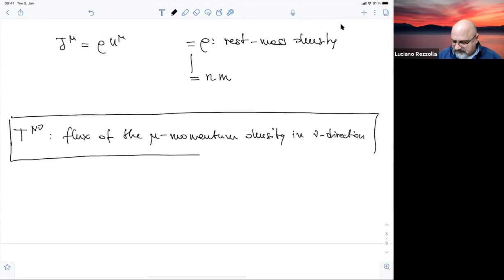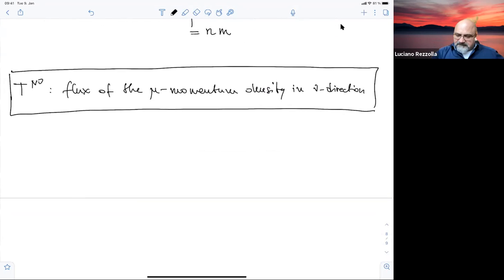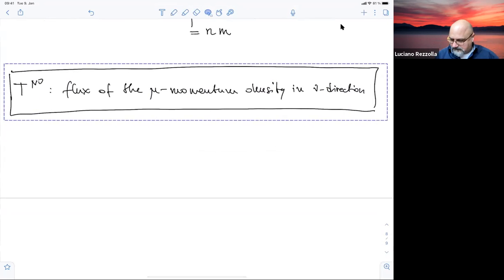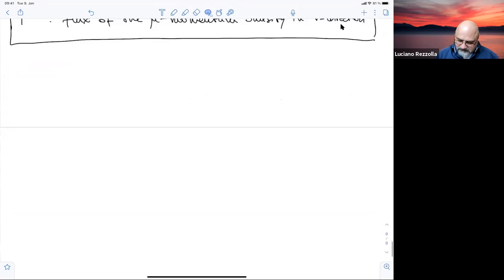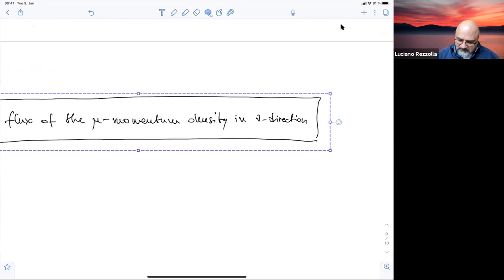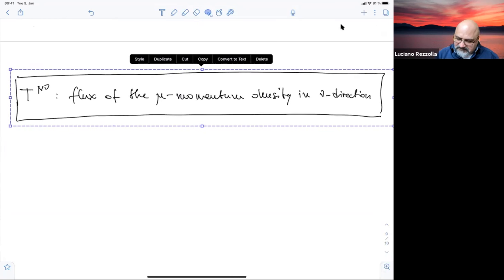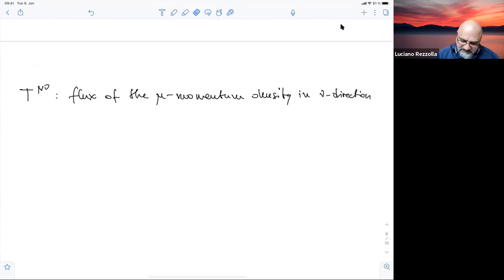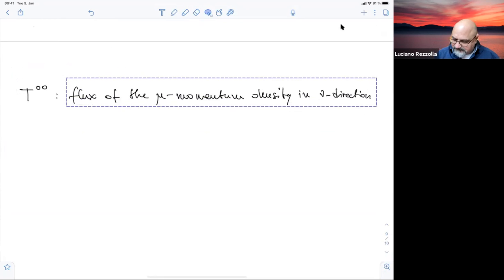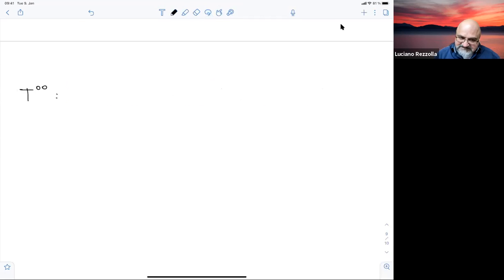And now I try to build this object. So let me get rid of a few things. I will first consider the T00 component.